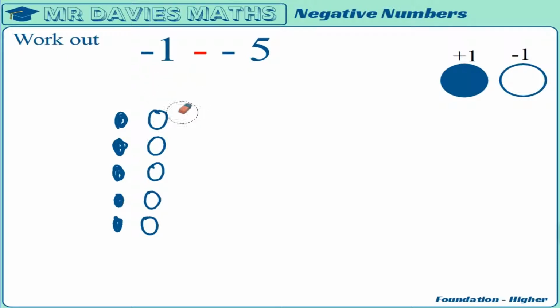Get rid of that 1, 2, 3, 4, 5. Now, I've actually added on a few too many here, but a positive and a negative make 0 anyway, so they cancel each other out. So don't worry if you do add on too many, because eventually you'll notice that they cancel each other out anyway. So I'm left with 1, 2, 3, 4 positives, so my answer is +4.